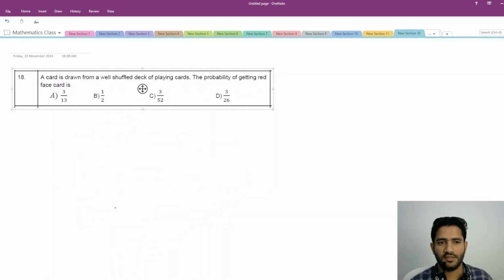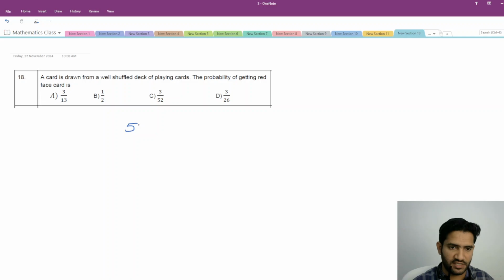Okay, then look here: a card is drawn from a well shuffled deck of playing cards. So 52 playing cards are there. I'm just giving some explanation about the 52 playing cards.